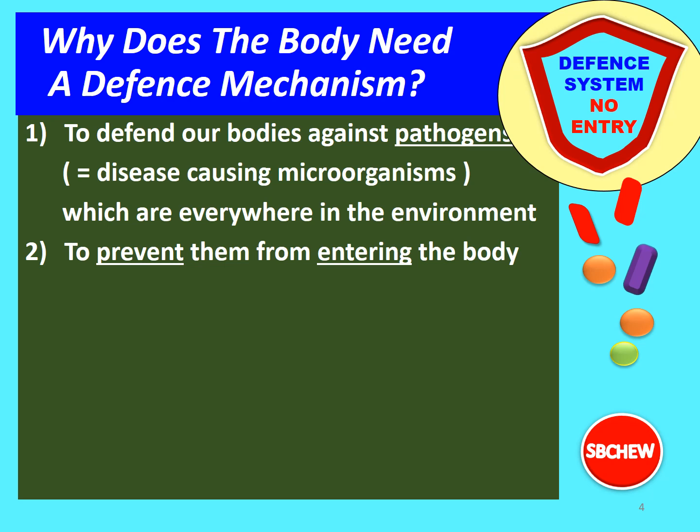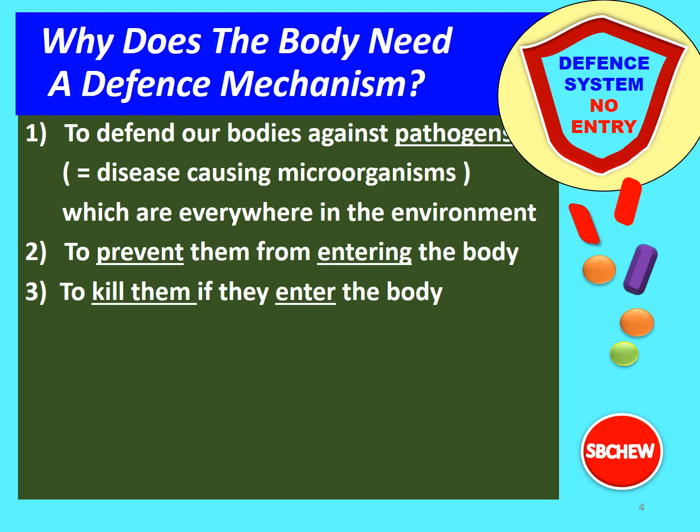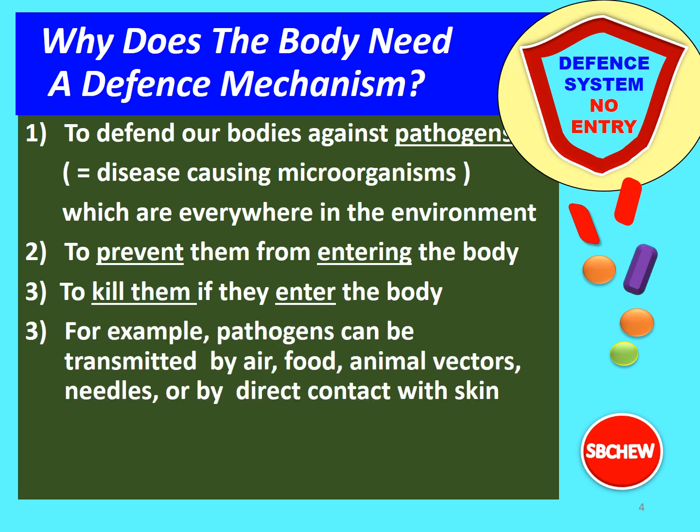To prevent them from entering the body, by using the skin and the mucous membranes to protect us. And number 3, to kill them if they enter the body through phagocytosis and also through the production of antibodies by lymphocytes, if they enter the blood.